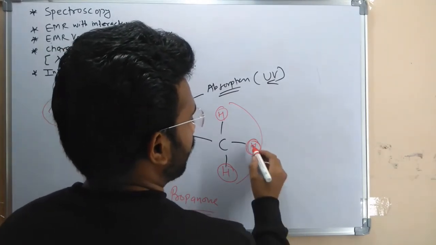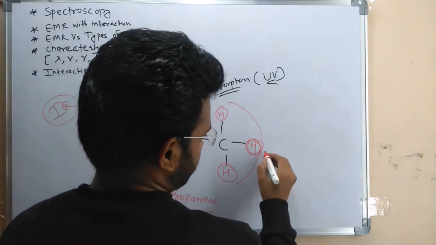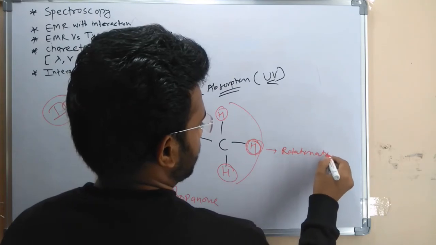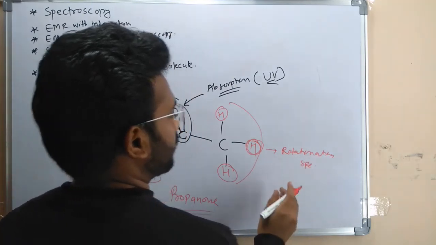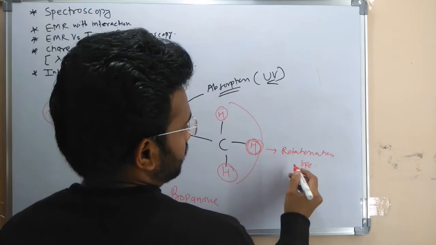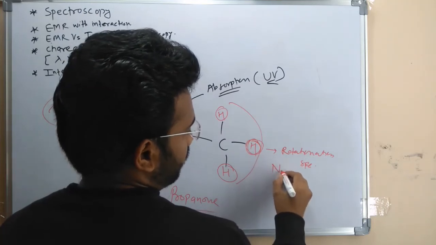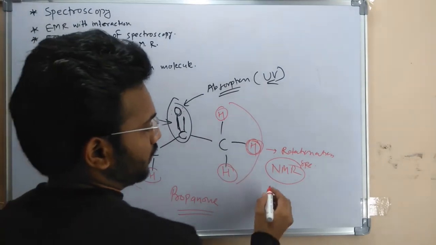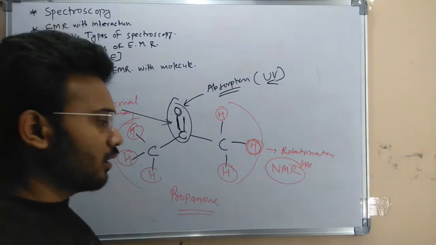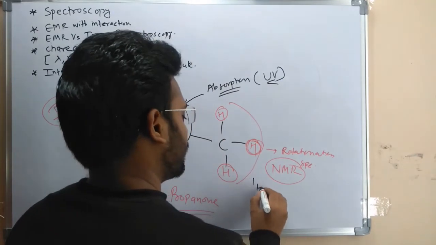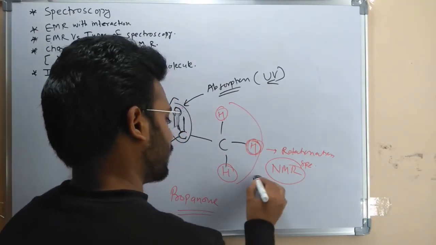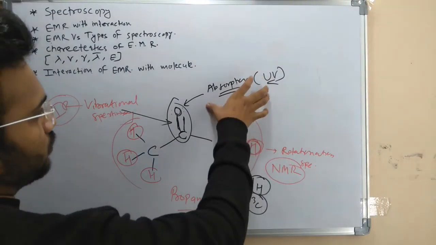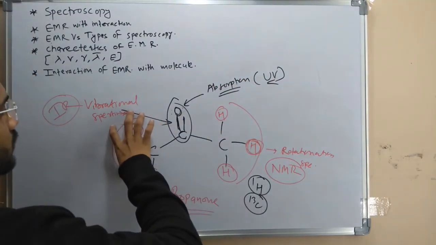There is a spinning of this proton, and here we use nuclear magnetic resonance, where magnetic waves are used. There are 2 types of NMR: proton NMR and carbon NMR. This is rotational absorption spectroscopy, and that earlier one is vibrational spectroscopy.